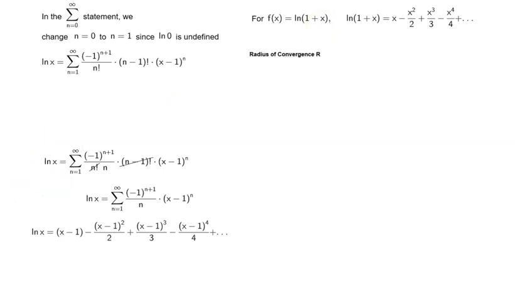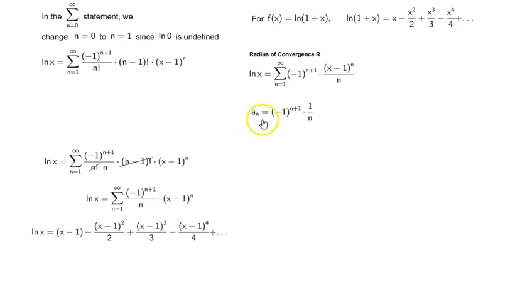Now what about the radius of convergence? Natural log of x is equal to this expression. We ignore the (x minus 1) to the power of n term, because remember we are fixing it to a particular point at x equal to 1. So the convergence will depend on the rest of the expression.